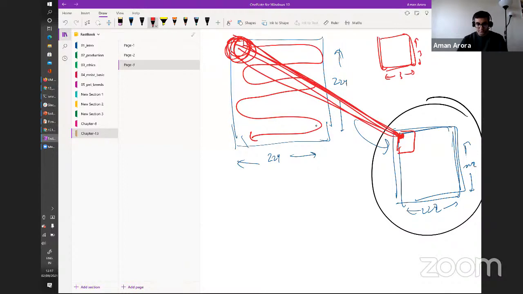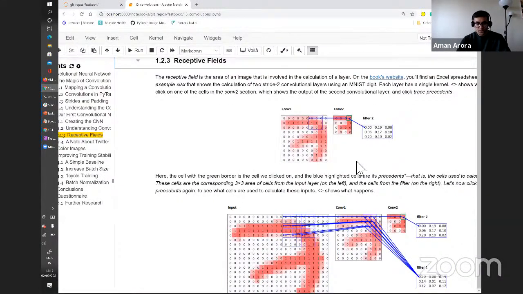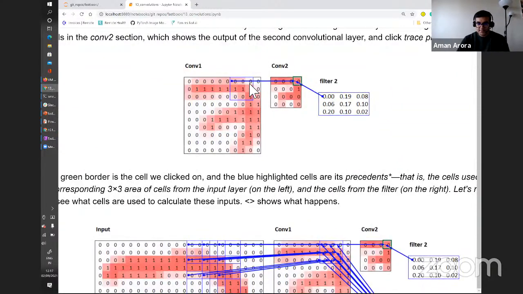I think this will be much clearer if I show you over here. Let's say this is my image. I apply my convolution filter, I get some output. This particular pixel in my second layer has seen the 9 pixels in my first layer.